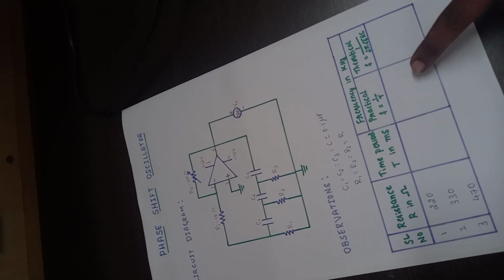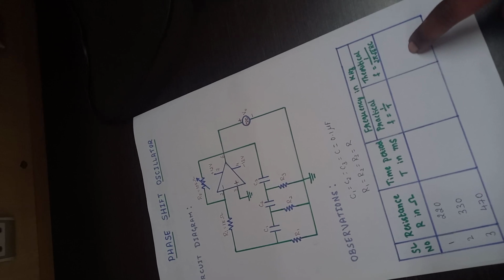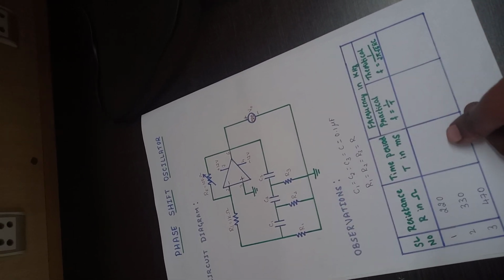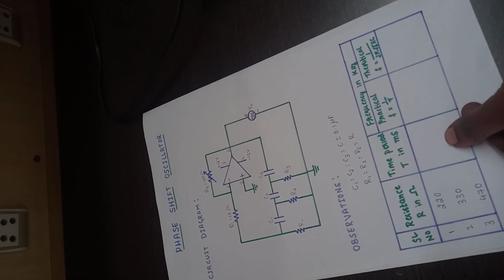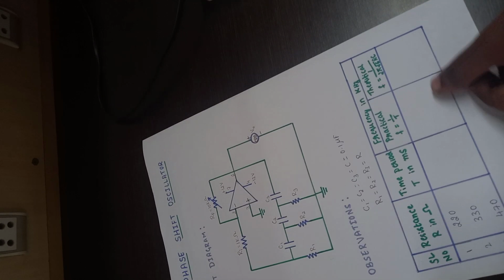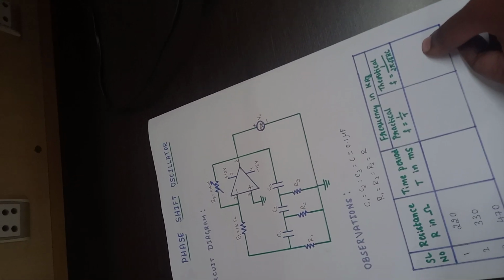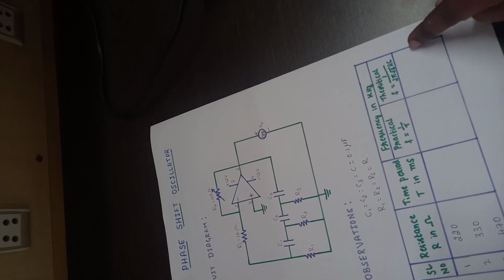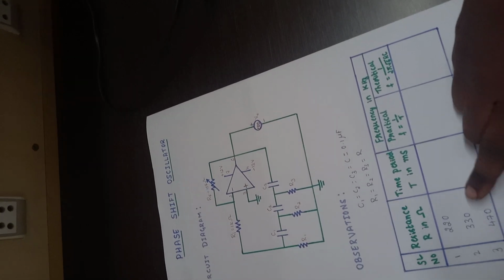Then find the practical frequency and theoretical frequency using the formula f = 1/T, where T is the reading you are getting in this column. Just take the reciprocal of that, which gives you the practical frequency. The theoretical frequency is calculated by f = 1/(2π√6 RC), where R is the resistance value you have chosen here.